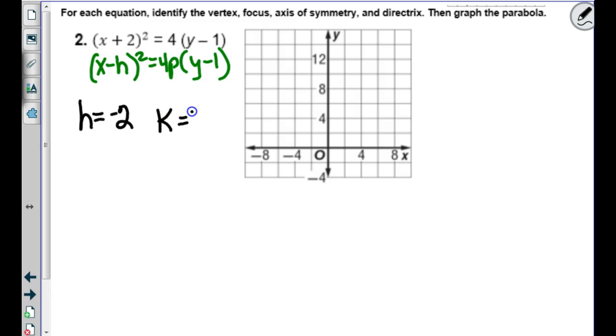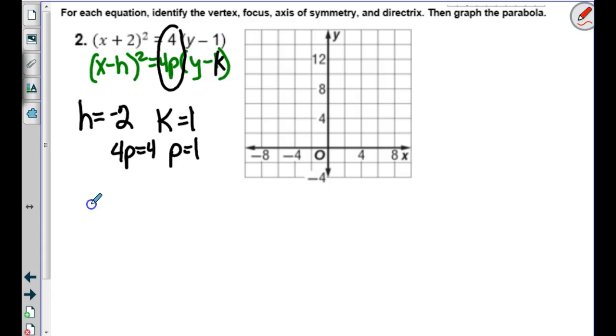K is, this is supposed to be y minus k. Okay, so k is 1. 4p is equal to 4, so that just makes p 1. I was like, is he just being funny? 4p equals 4, so p is just 1.